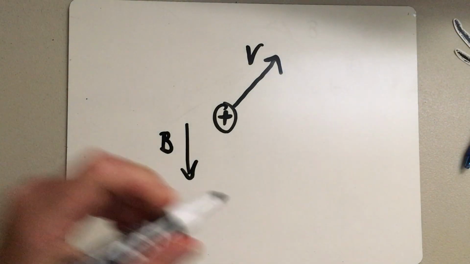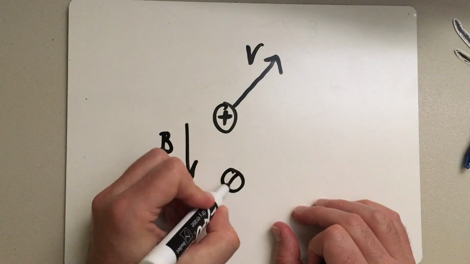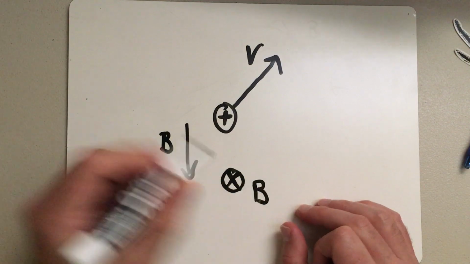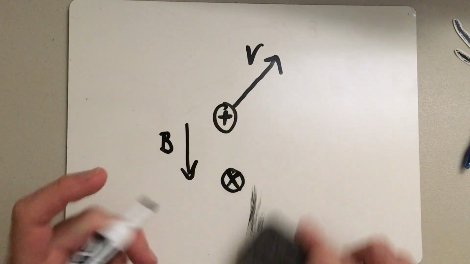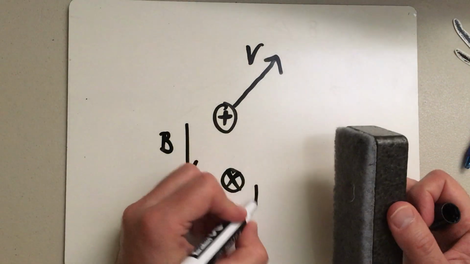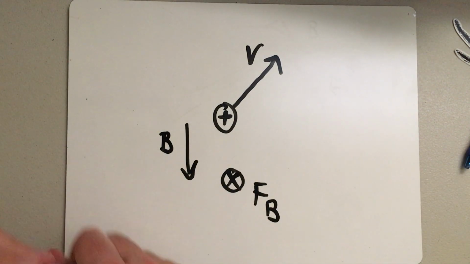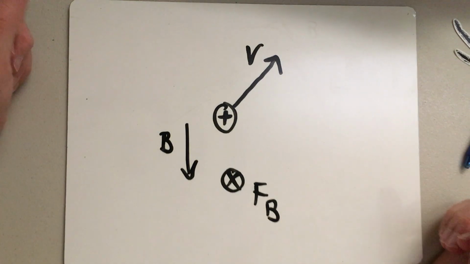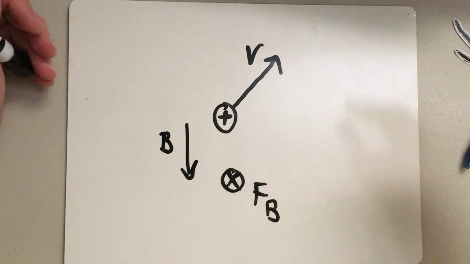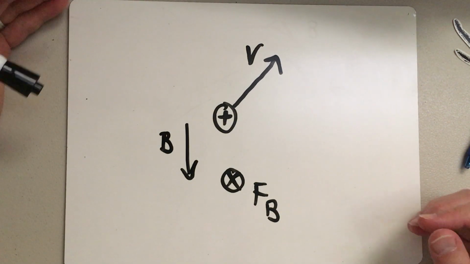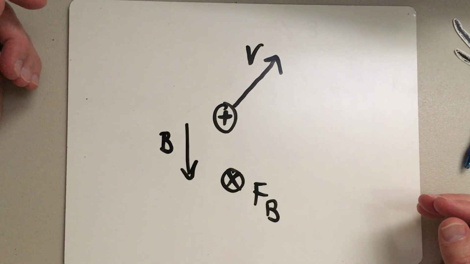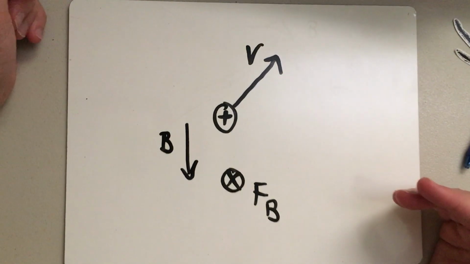So the force is going into the screen like that. It takes some practice with the right-hand rule. That's why there's the homework. Certainly, if you're having difficulties, reach out to me or whomever for some assistance.